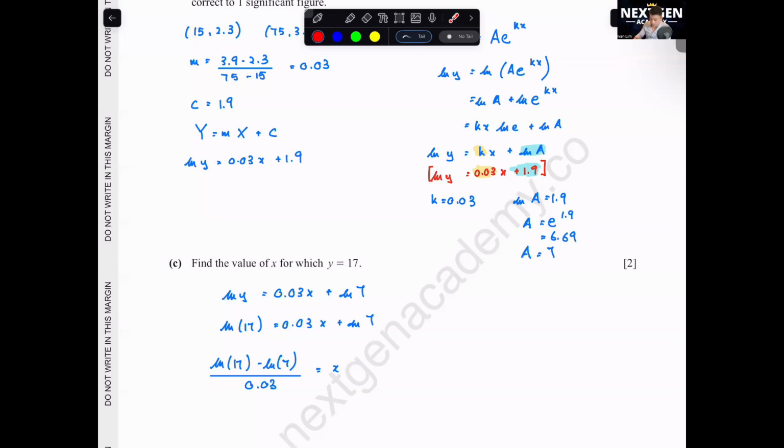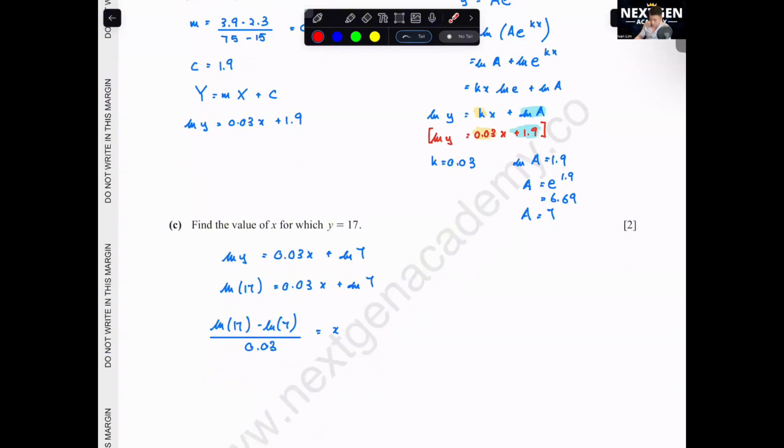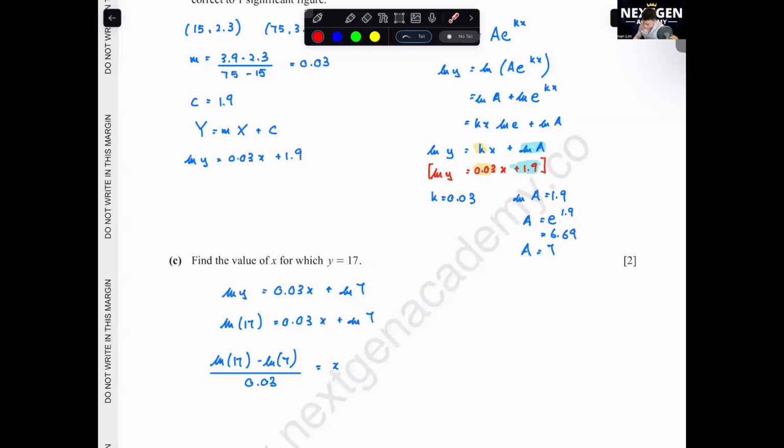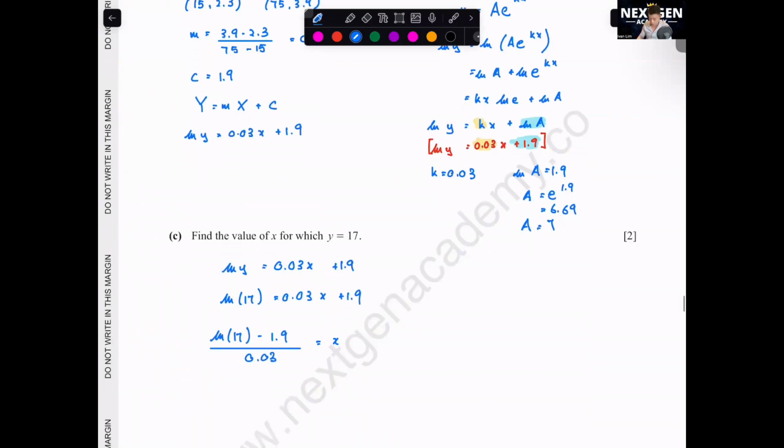Because we keep rounding already, we don't round it. We use back the original value, ln a is 1.9. The more you round up, the less accurate it will be. So minus 1.9, divided by 0.03. You see, the answer is quite different. x is 31.1.